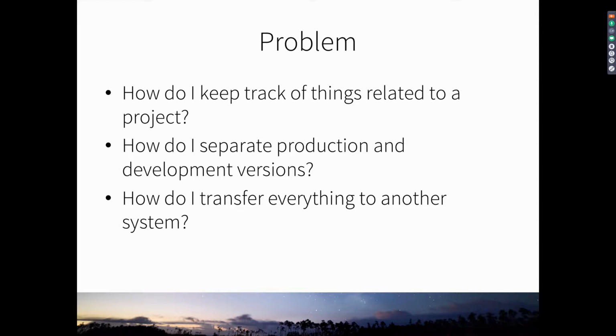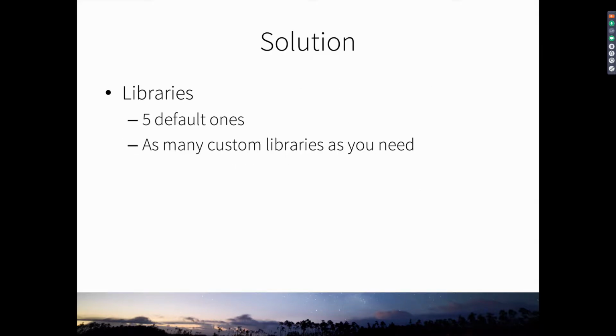When I used to give training in PDF Toolbox 8 or before that, I tried to give people ways to work with that. And the most common one was to use a prefix or a suffix in the stuff that you create so that you recognize them. But of course, that had drawbacks, and the solution to that, in the product as of PDF Toolbox 8.5, if I remember correctly, is called libraries.